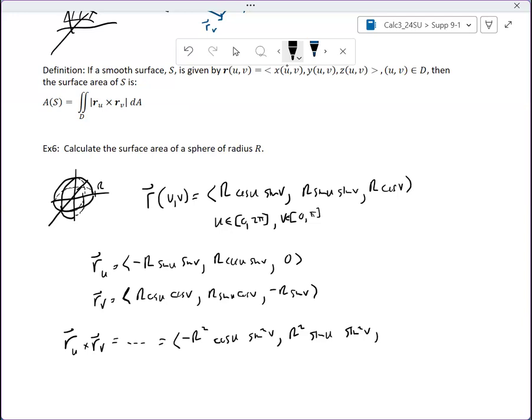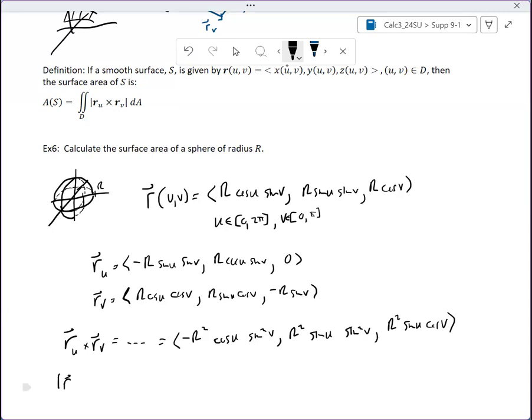And in the third component, we get some cancellation and we get R squared sine u cos v. Just double check that I've copied all of that right. That looks good.